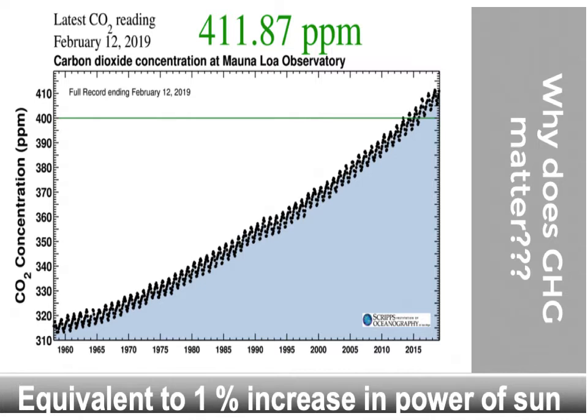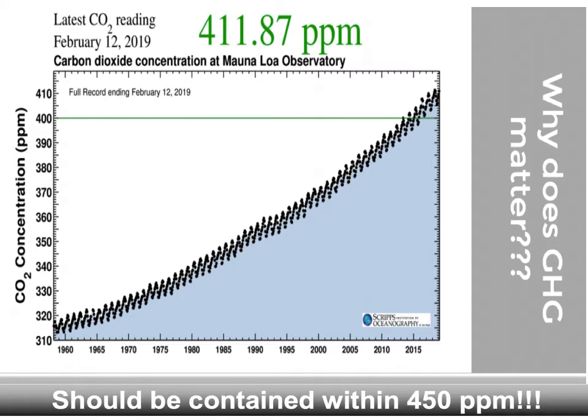So now it's 411.8 ppm, and as it keeps increasing, this increase from 1960 to 2015 is almost a 1% increase in the power of the sun. Can you imagine what that means? And it should definitely be contained within 450 ppm. If it goes beyond that, there will be major disasters.